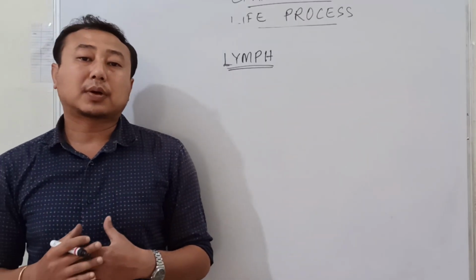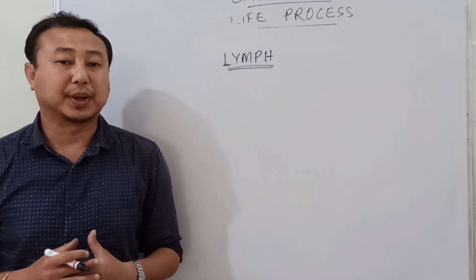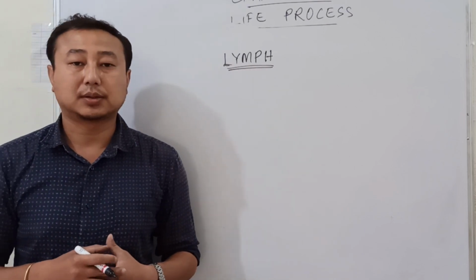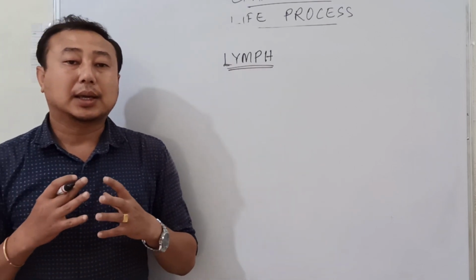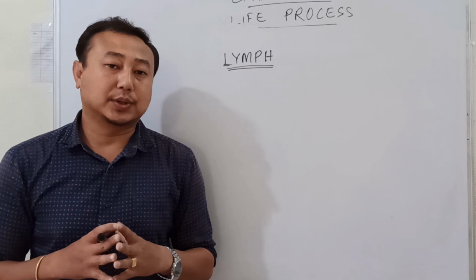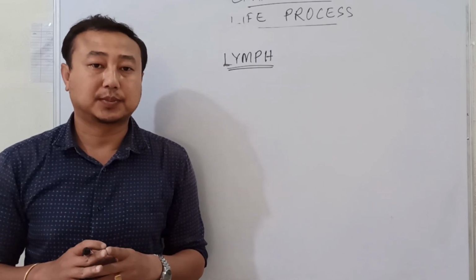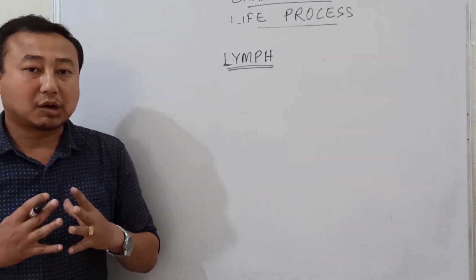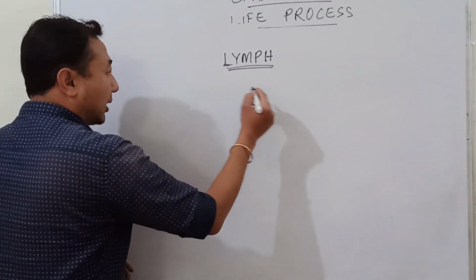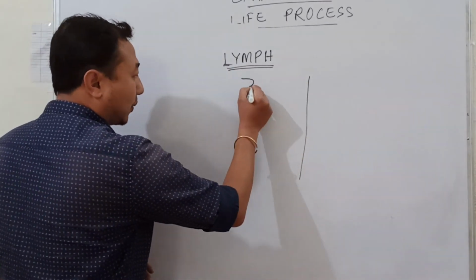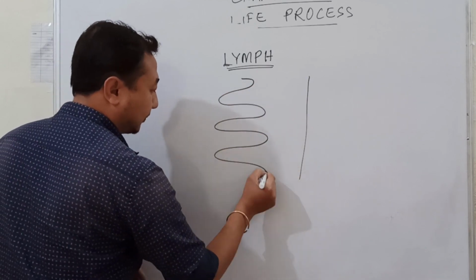Another part of the circulatory system in human beings is the lymph. The lymph is the liquid matrix or the fluid tissue which is present in between the cells. I will take an example of the intestine. Let us say this is the wall of the intestine.